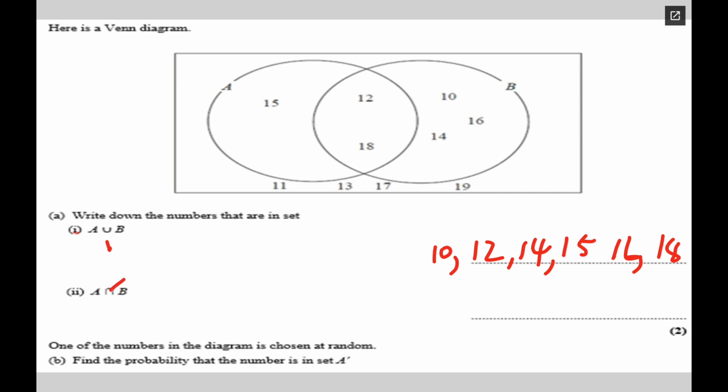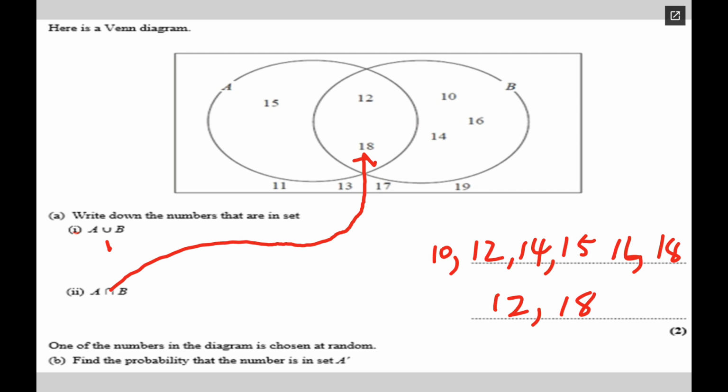Okay. Intersection. So the two that are in the intersection are 12 and 18. So union is everything. Intersection is just what's in both of them.